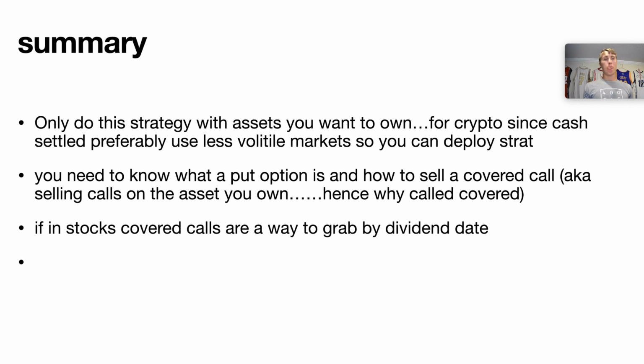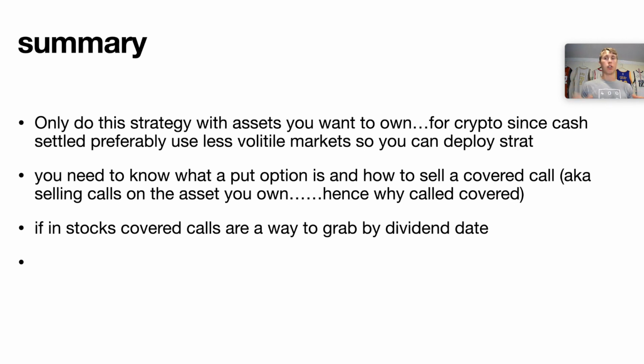So summary, only do this strategy with assets you want to own. For crypto, since it's cash settled, preferably use less volatile markets so you can properly deploy this strategy without getting wrecked. You need to know what a put option is and how to sell a covered call. So the reason why they call it a covered call is because you're selling calls on the asset you own.